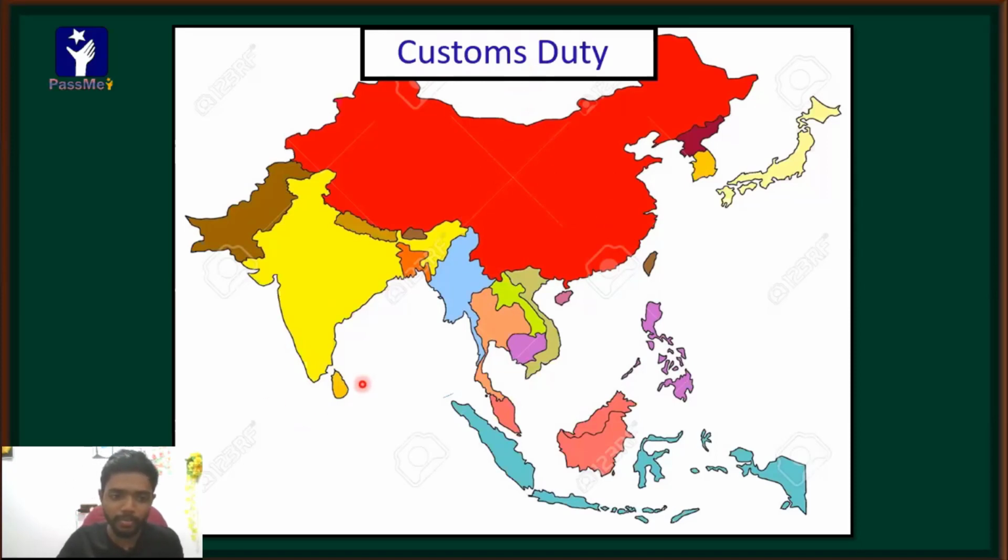So for example, this is Sri Lanka, your lovely country. This is the place where most of the vehicles come to Sri Lanka from. Sometimes India also supports that, but most of the time India, Japan, China are the major countries as developed countries. So for example, this car is located in China.